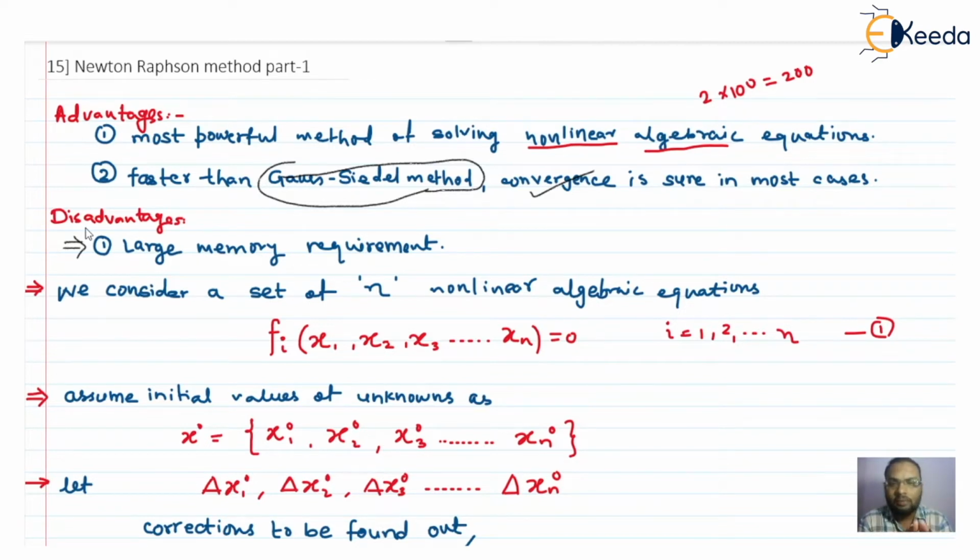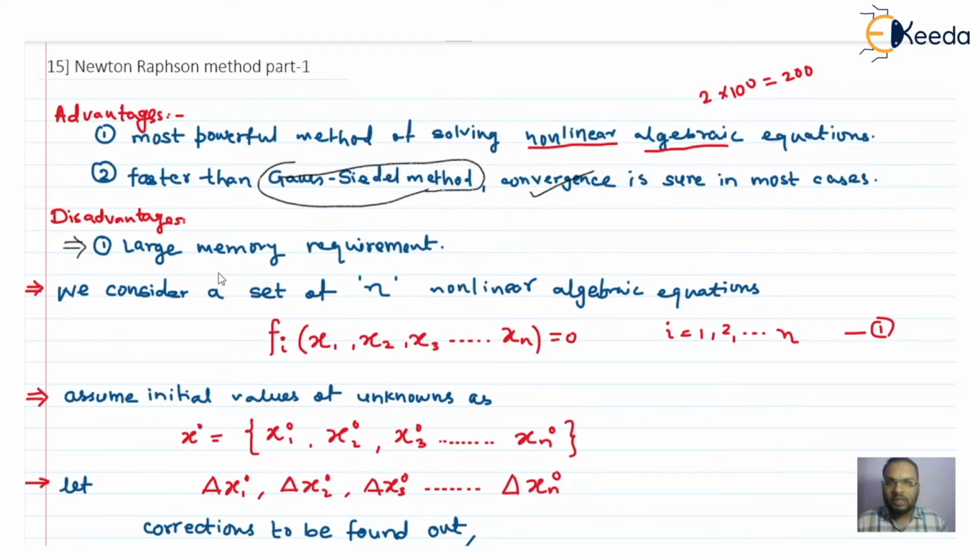These days we have computers with enough memory, so the memory requirement is no longer a disadvantage. It was an early days disadvantage. These days we have overcome it because we have enough memory.